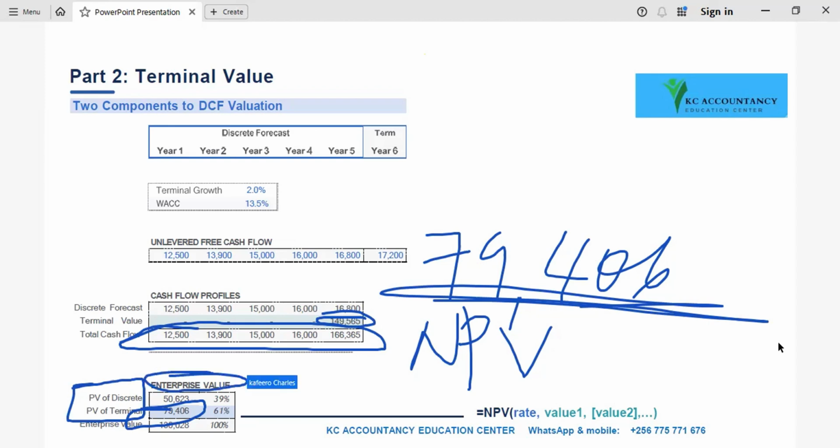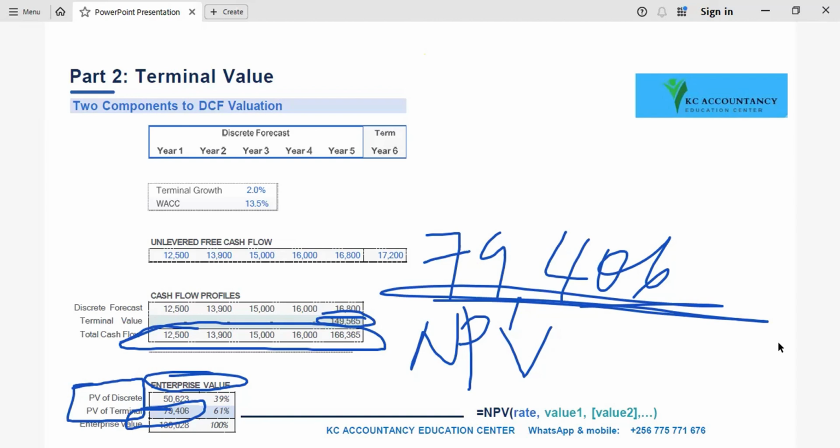And that enterprise value will be the value of the company, which is roughly 130,000 US dollars. So in the next discussion, we are going to talk about the enterprise value and how we can go even further and get to the equity value.